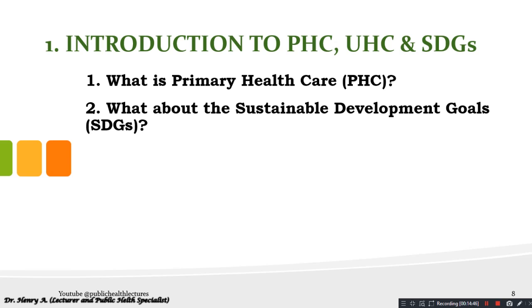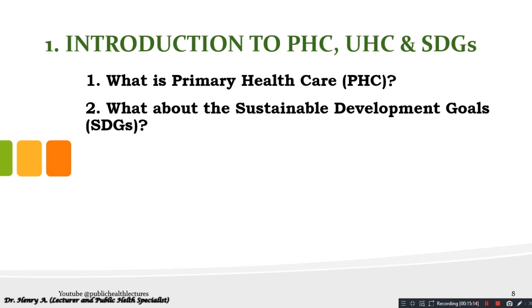And number five of the core principles of PHC is intersectoral collaboration, because health depends on many other sectors: water, agriculture, sanitation, education, transport. These principles still guide the PHC today.